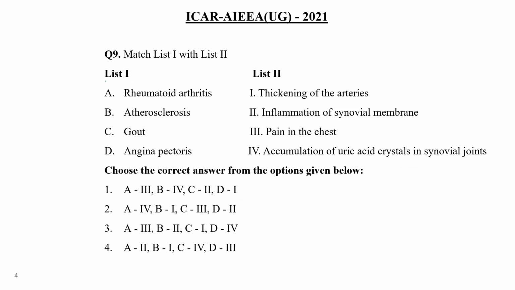Again matching list 1 and list 2. Rheumatoid arthritis, atherosclerosis, gout, angina pectoris; thickening of arteries, inflammation of synovial fluid, pain in the chest, accumulation of uric acid crystals in synovial joint. So we have to match it correctly. Just take your time.